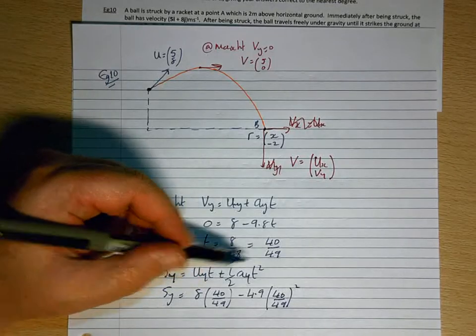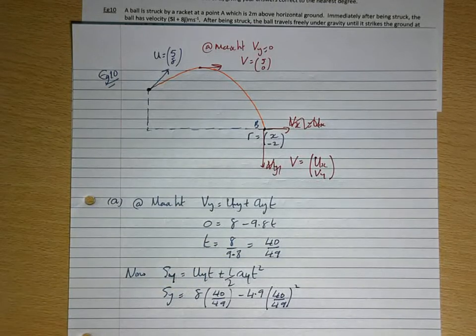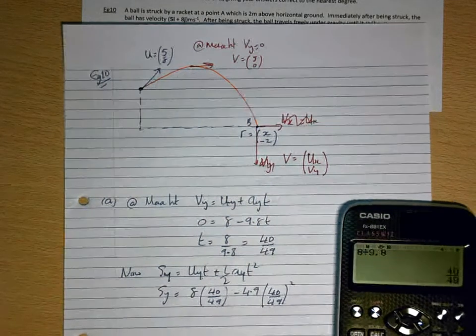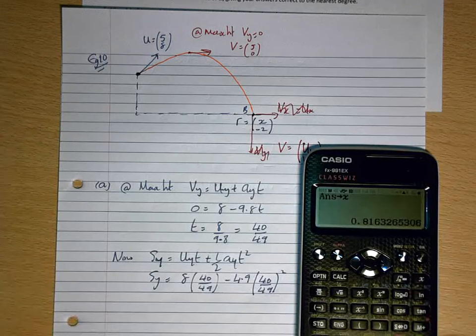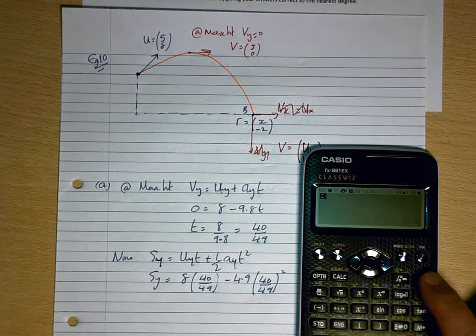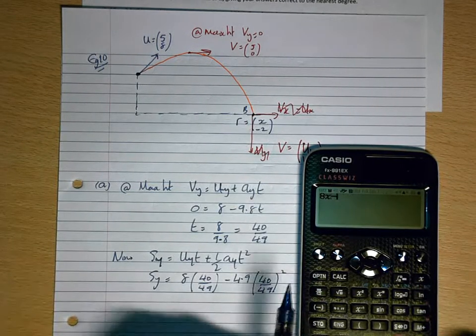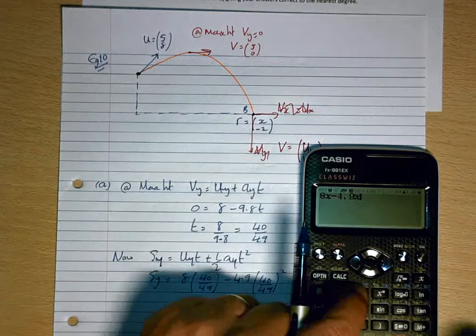So I've substituted in the value of t that I've just worked out from the first equation that I've used. If I just store that in x, then I can write 8x minus 4.9x squared.